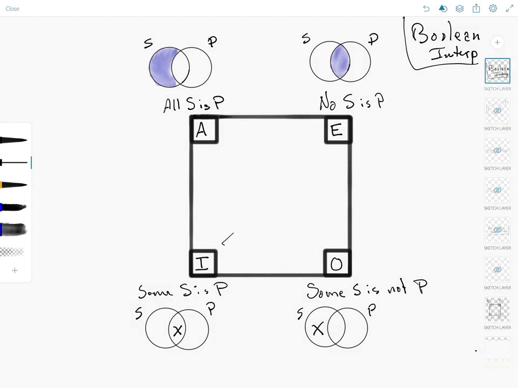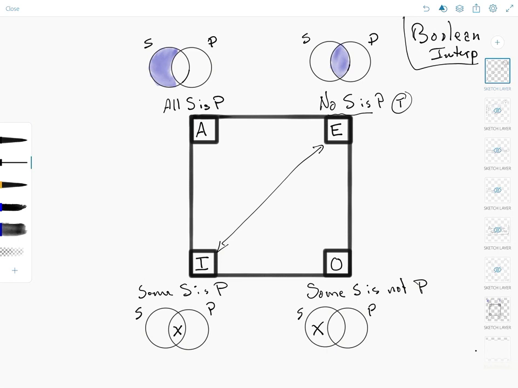If you think about the relationship between no S is P and some S is P, and you think about the fact that if no S is P is true, then the corresponding I must be false. And it must be false because what the E is asserting is that a certain region is empty, and that is inconsistent with where an X would have to be to make the corresponding I true.